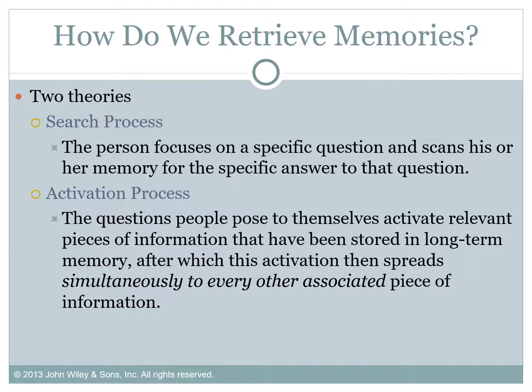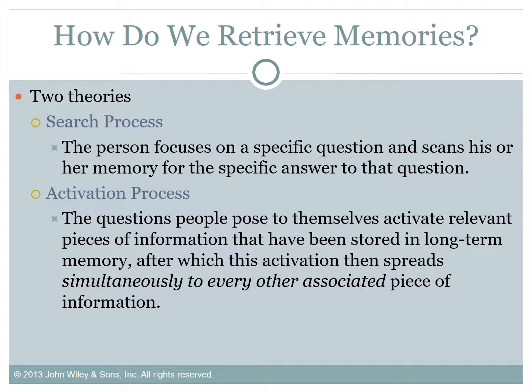So instead, we use a more advanced process referred to as an activation process. When you receive a code, essentially, that gives some trigger in your memory, instead of searching each file individually, your brain calls up that single piece of information and then the entire network, the entire schema that it's attached to.